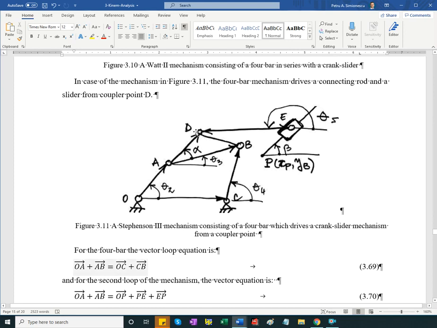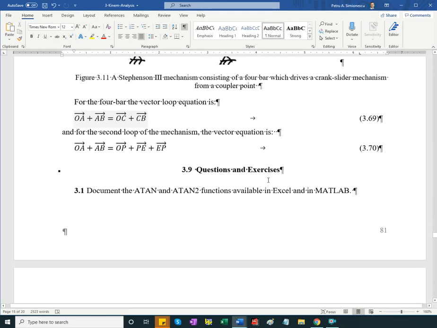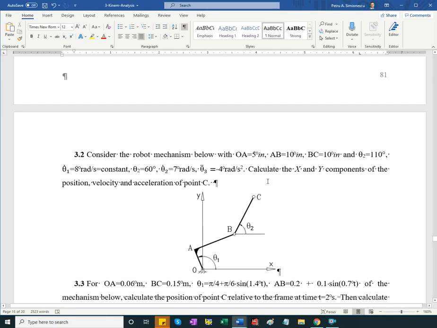Here there will be XD and YD driving the connecting rod and moving the slider. I may be interested in either the coordinates of E or the displacement PE on the second loop.